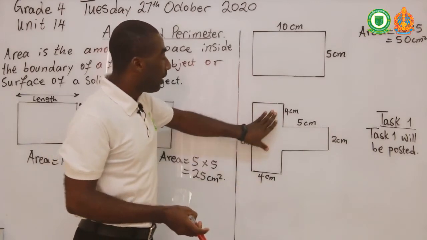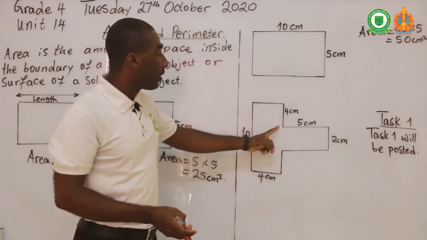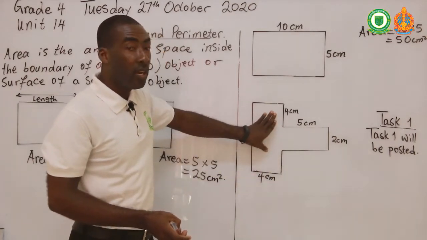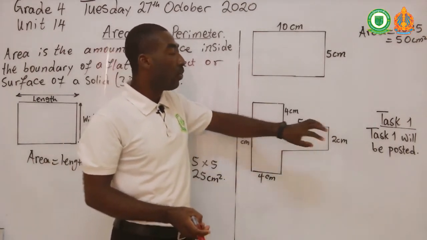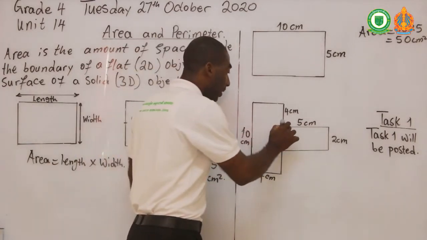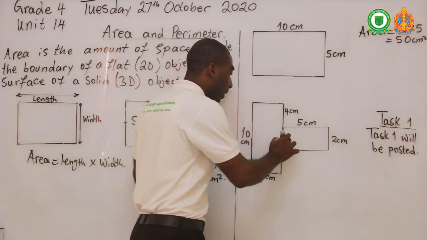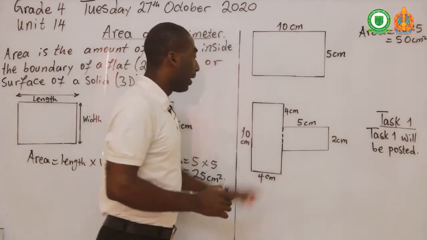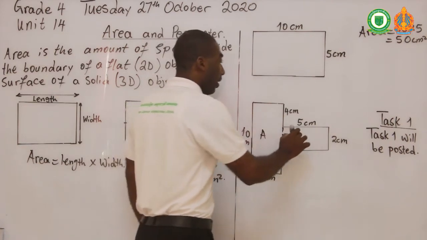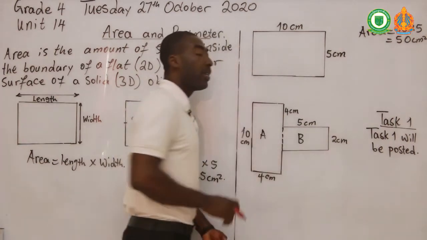So when we look at this figure, we can close these points so that this side will be a complete rectangle and then this side will also be a complete rectangle. Okay, so let's close this end. Now we can say that we have A here and then we have B here.